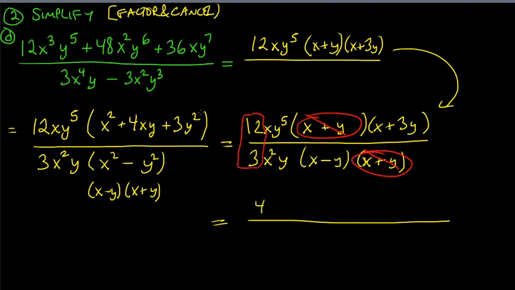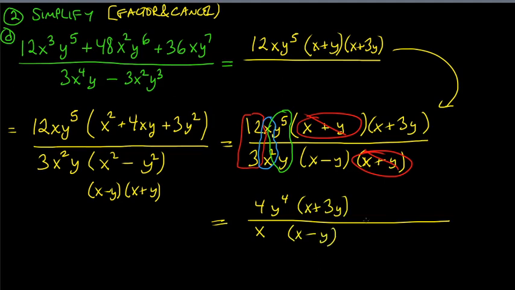And x divided by x squared is 1 over x. So we have an x in the denominator. And then finally, y to the 5th divided by y is just y to the 4th. And that's in the numerator. And then x plus 3y, that's still in the numerator. And x minus y is still in the denominator.